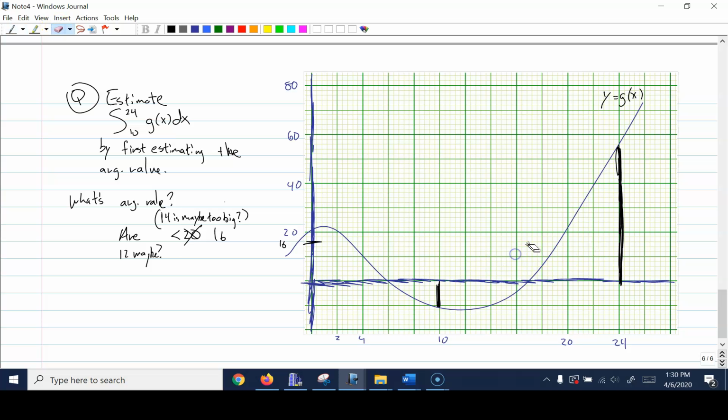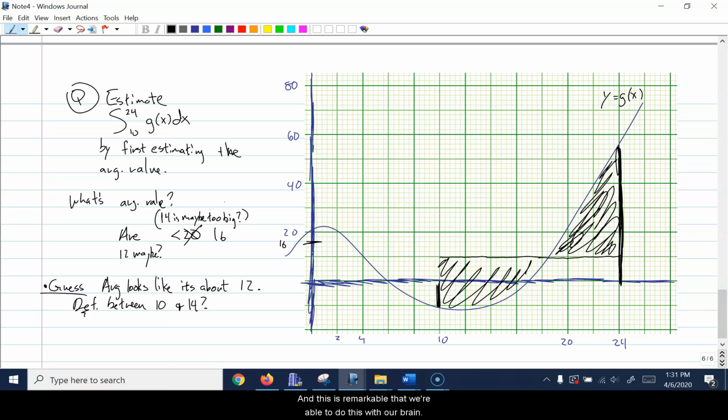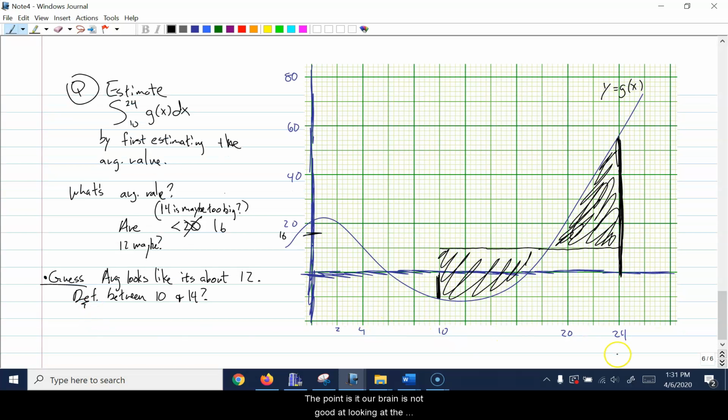And this is remarkable that we're able to do this with our brain. Our brain is not good at looking at the Walmart parking lot and estimating what the area of it is. But a thing that our brain is good at is looking at this piece and saying which piece is bigger.